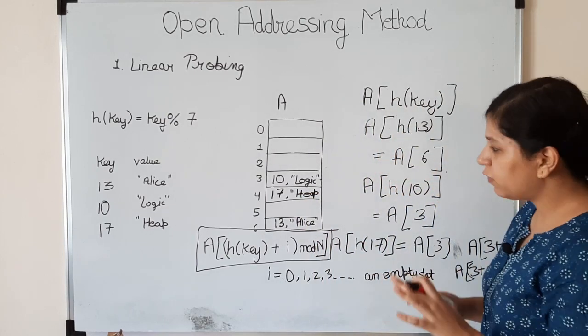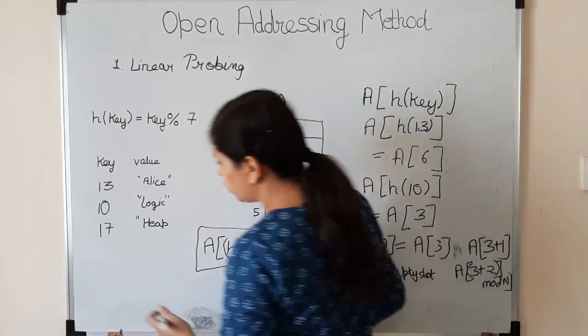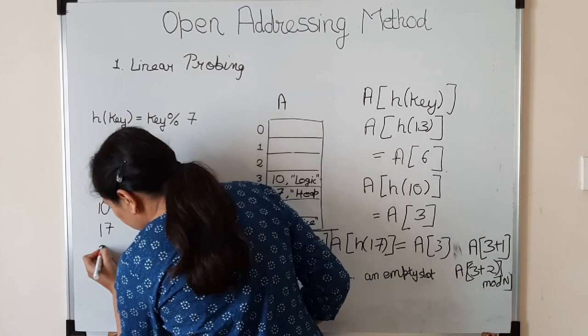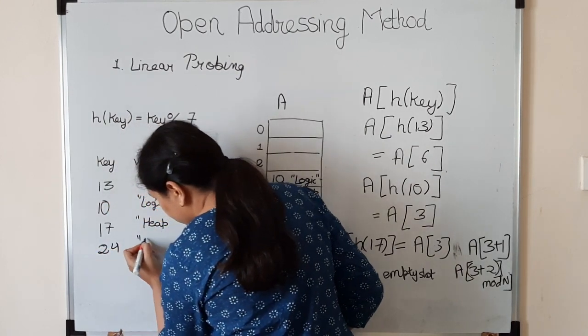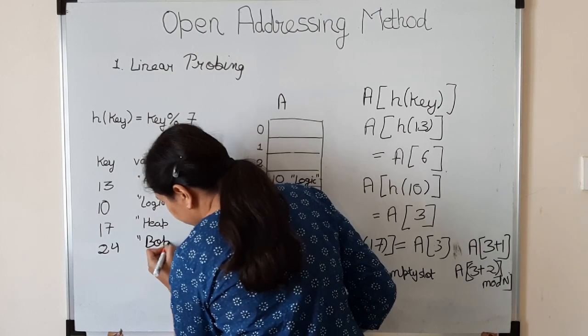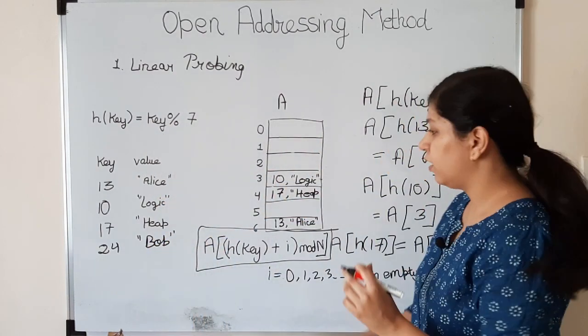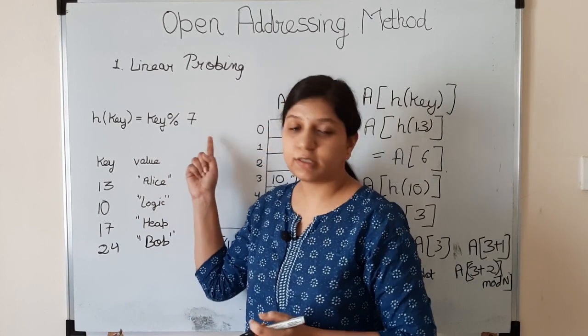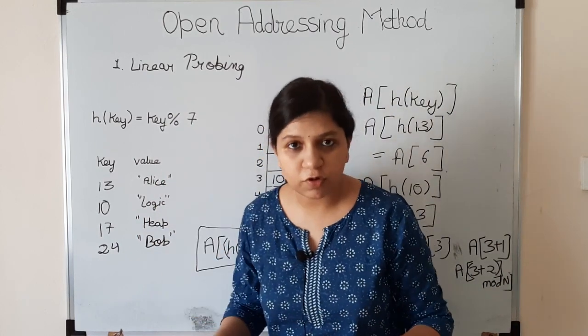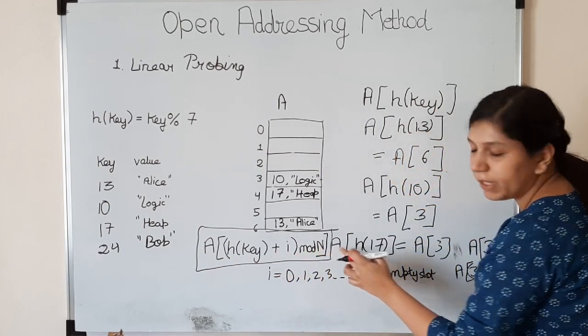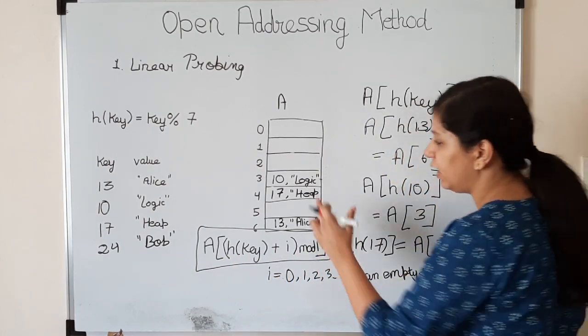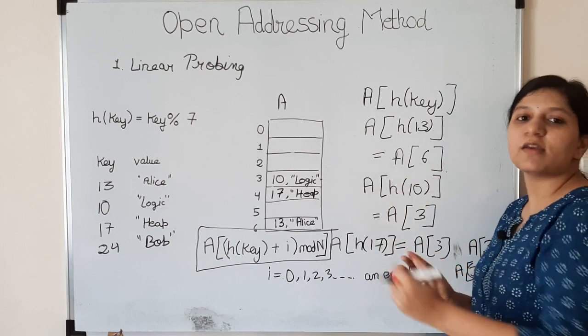Okay. Now suppose the next data that comes to you is, let's say, 24 bob. Now 24 mod 7 is going to give you 3. A3 plus 0 mod n, which is A3, is occupied. You will increase the value of i.